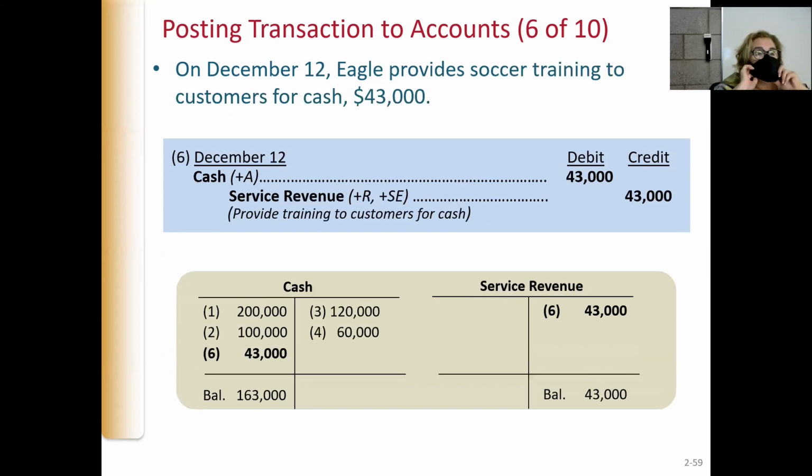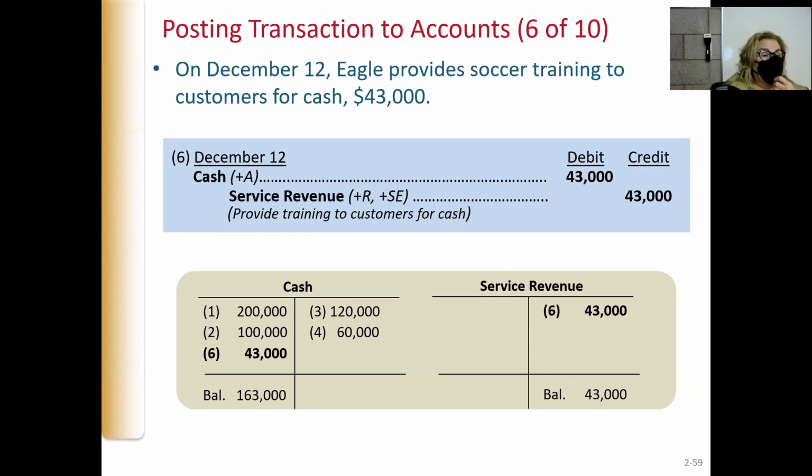On December 12th, Eagle provides soccer training to customers for cash. Cash increased, therefore we're going to debit it. Our revenue increased, which increases our retained earnings, right? So we're going to credit it.